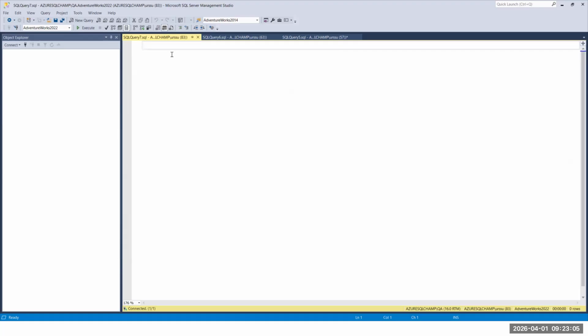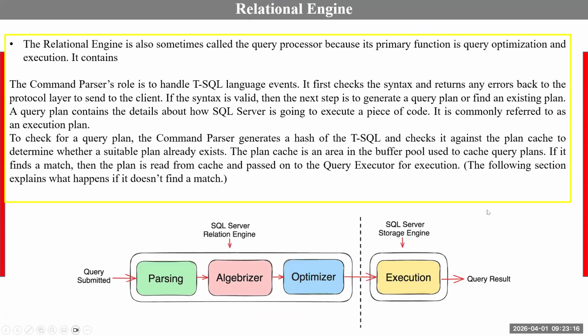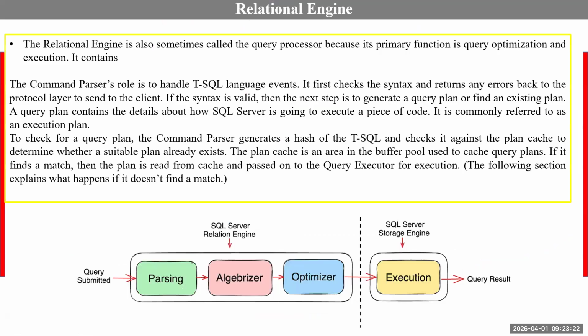So your SQL OS talks to the Windows OS and gets a session ID first. Once your session ID is allocated, it will connect to the DB engine. Now under the DB engine, the process is happening.